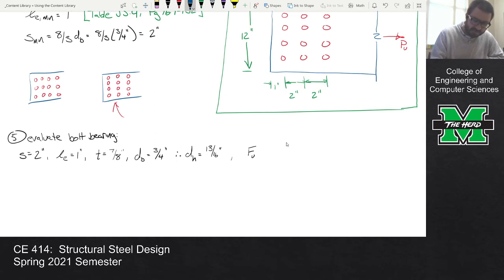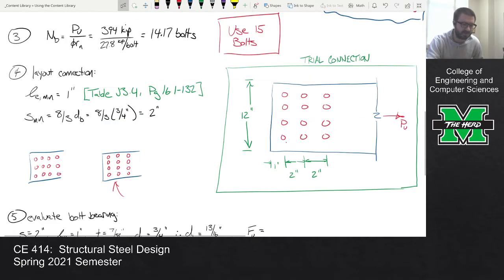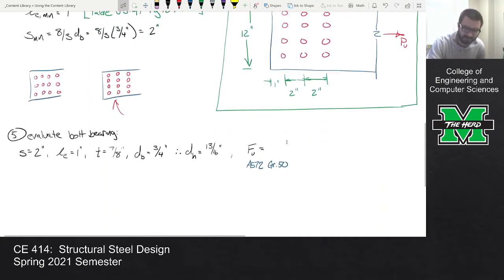Now we were told this was A572 grade 50. So what's FU? Was that correct? I think it was A572 grade 50. Yeah, A572 grade 50.